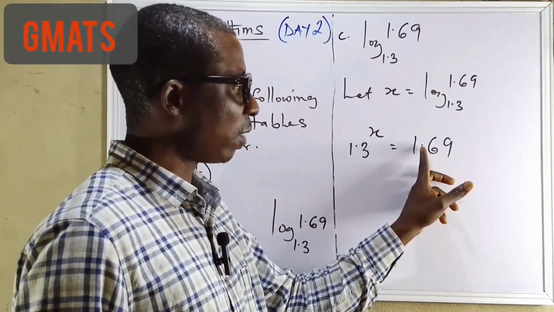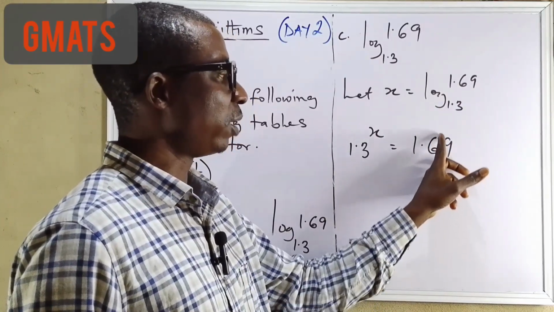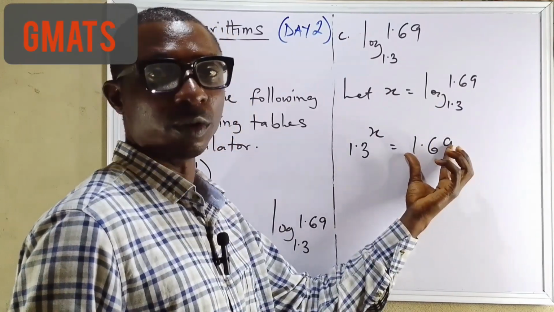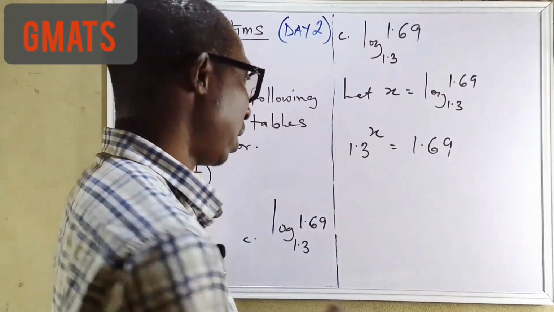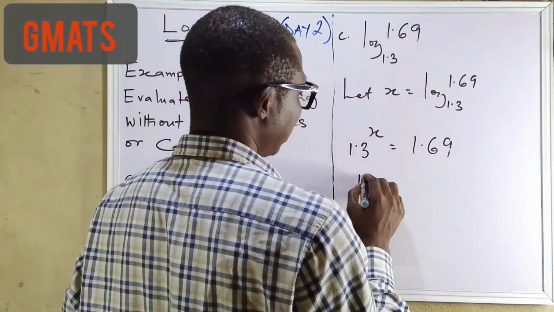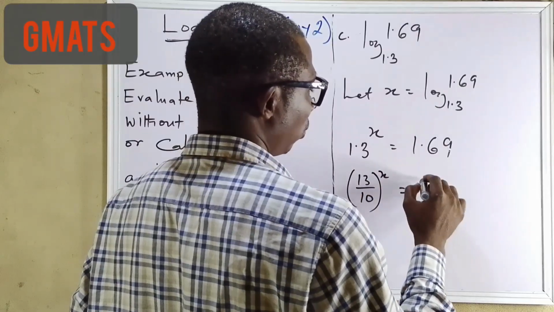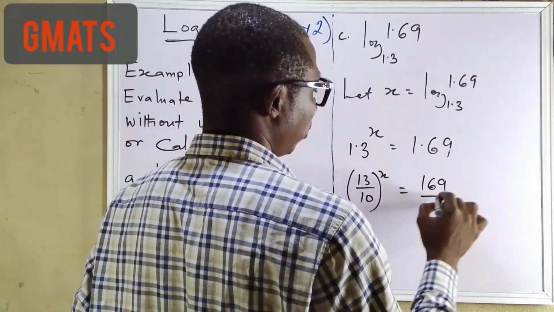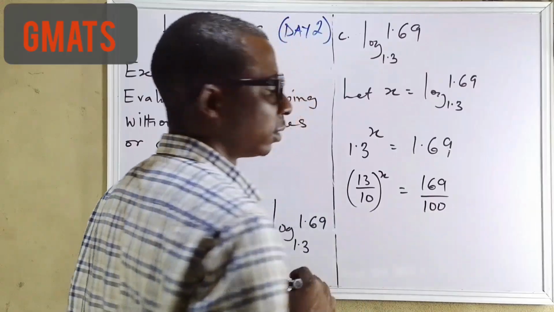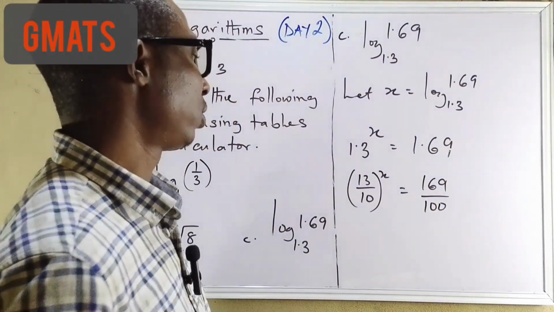I'm dividing by 100 because I will move the point twice to have a whole number. Okay, so now this turns to (13/10)^x = 169/100.